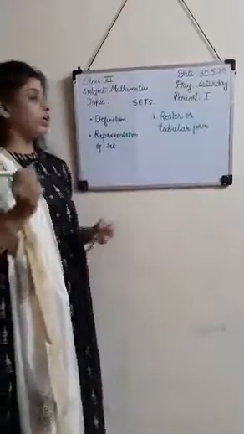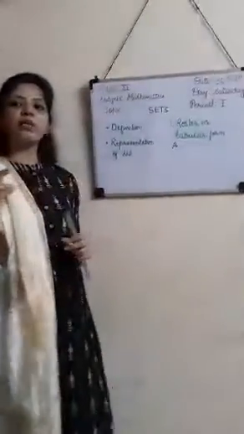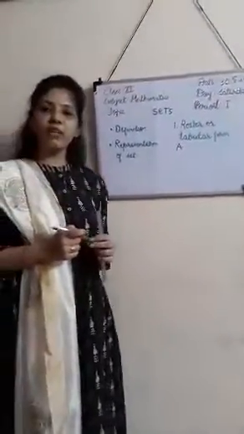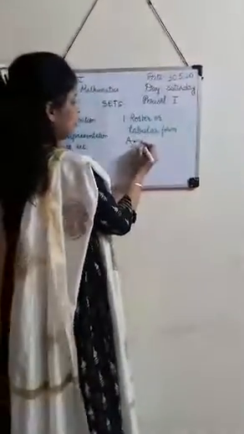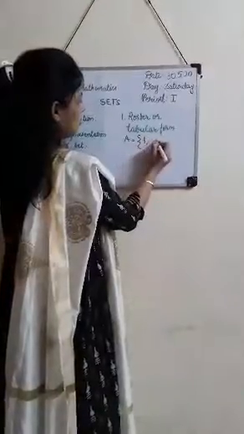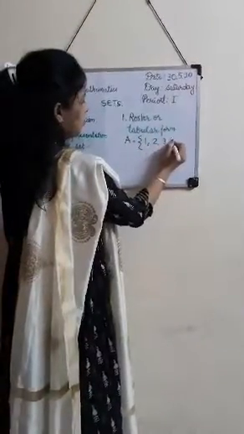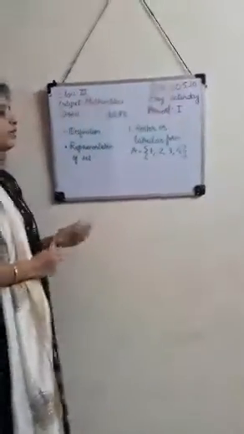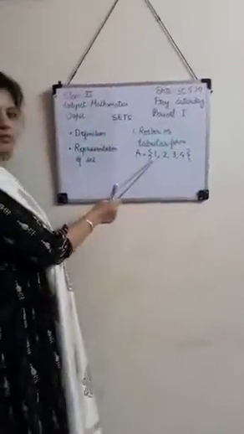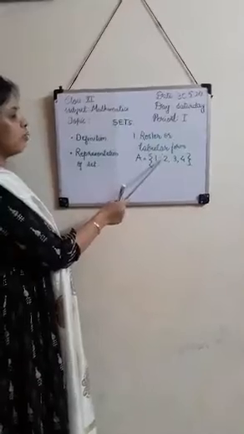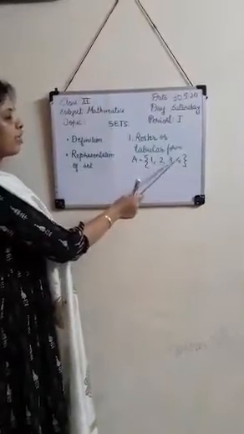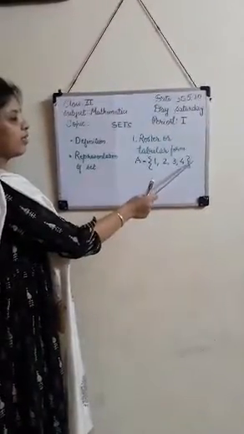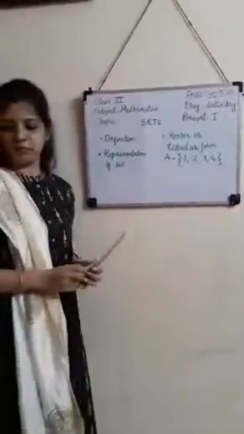For example, if set A has elements 1, 2, 3, 4, how do we write it? Like this. First open the braces, 1, 2, 3, 4 and then close the braces.